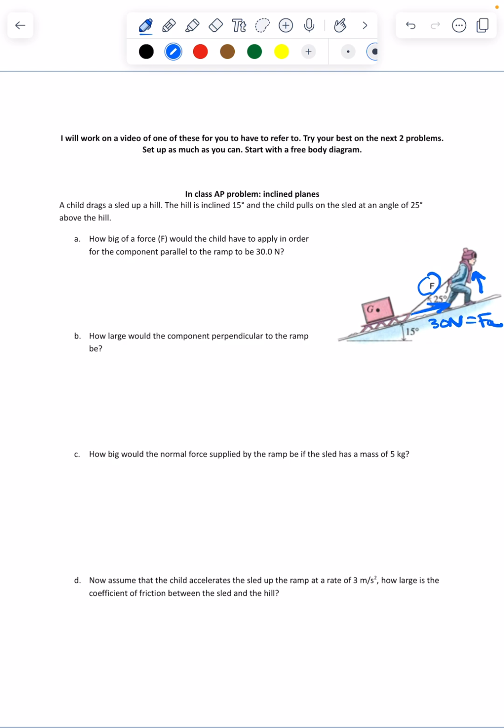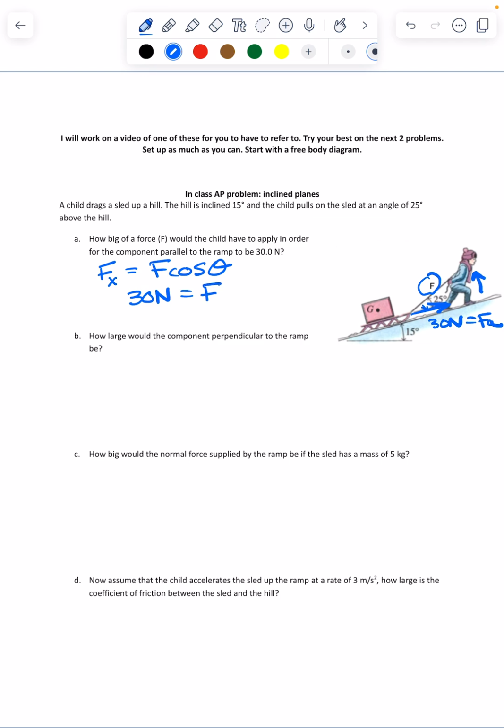Okay, since this adjacent piece is adjacent, adjacent is always cosine. So it's the x piece up that ramp. So what I'm going to say is Fx up the ramp is equal to F cosine of theta. In this case, that's 25. So I know that that part pulling up the ramp is 30.